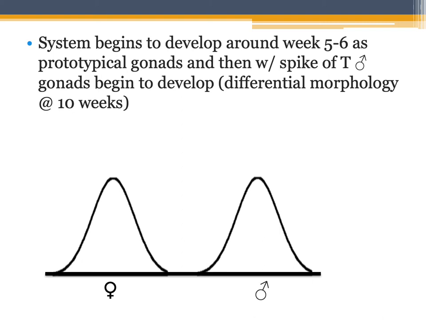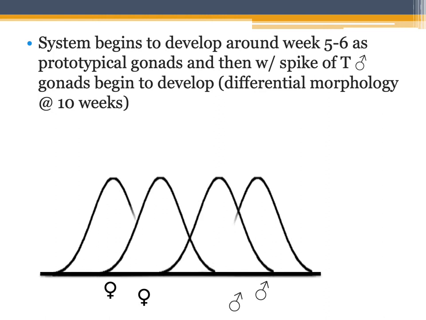The problem is that because it's originating from this neutral developmental sequence, and the spike of testosterone is not necessarily linked to genotypes, we can get spikes of testosterone that are present in a XX or a female genotype, or we can lose out on the spike of testosterone in an XY or in a male genotype, leading to a change of morphology where instead of having this binomial distribution where we have two distinct curves that do not touch, what ends up happening is we actually see something that looks more like this, where we don't have any clear delineation between male and female in terms of distribution.